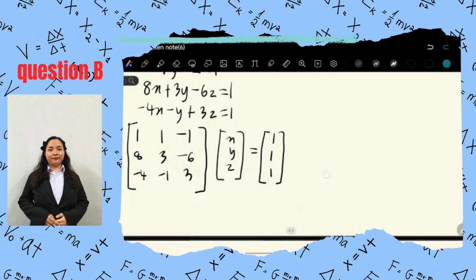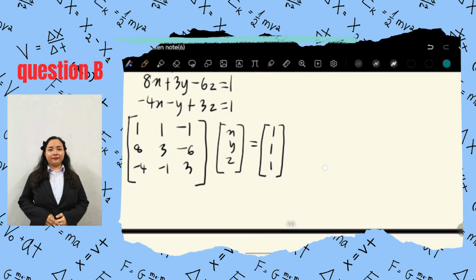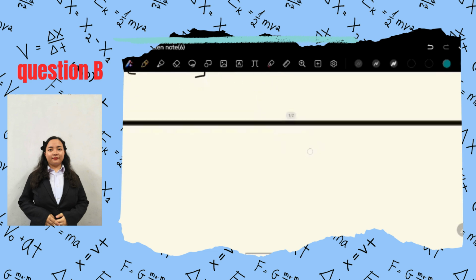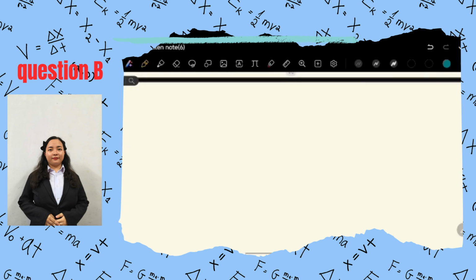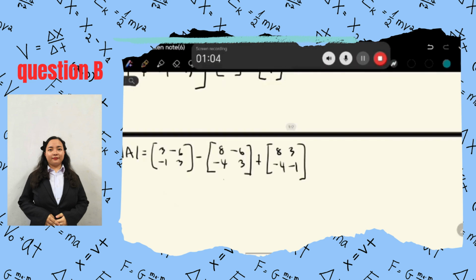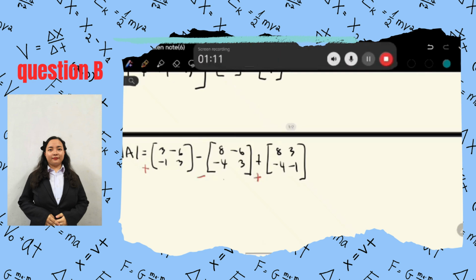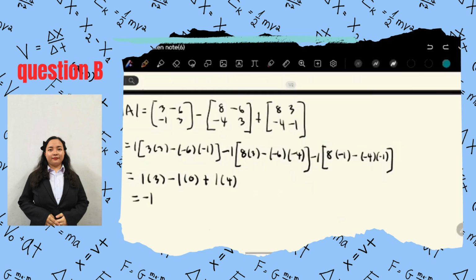Next, we need to find the determinant of this matrix. So the formula signs are plus, minus, plus. This is how we get the final answer.